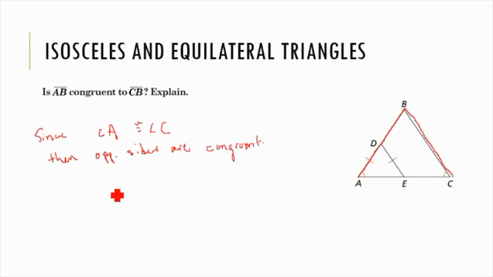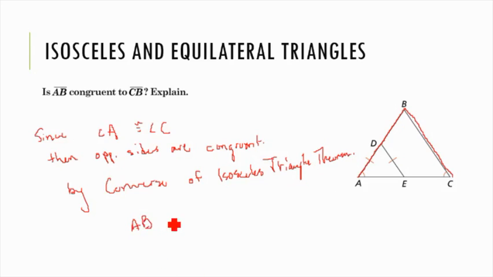And again, that's the converse. So by the converse of the isosceles triangle theorem, the opposite sides are AB and CB. They are the opposite sides. Therefore, AB must be congruent to CB. So yes, AB is congruent to CB.